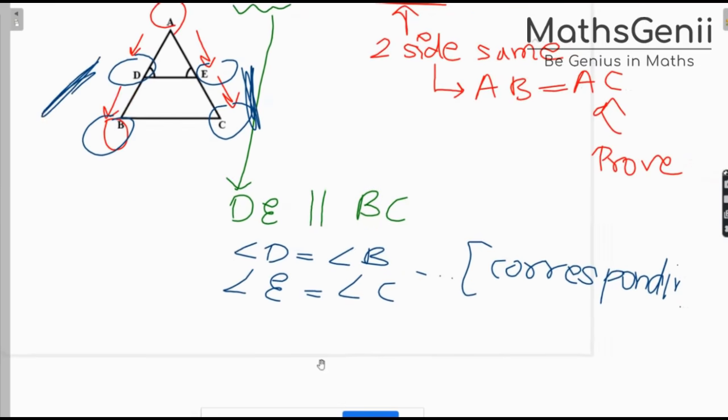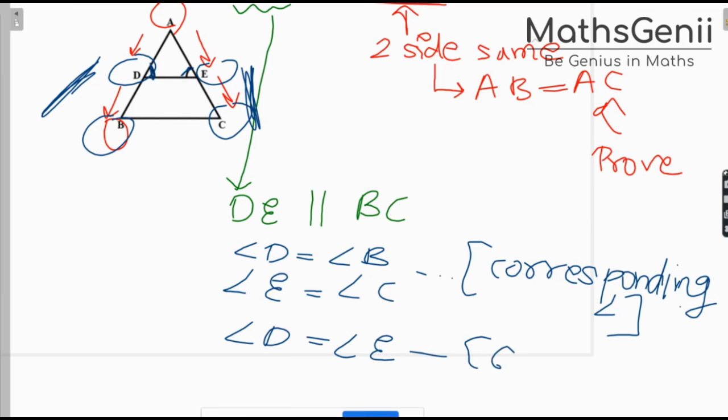Okay, this I've proved. And also something is given to me. In the question he has given to me, see this sign and this sign. He says that angle D is equal to angle E. This is given to me.